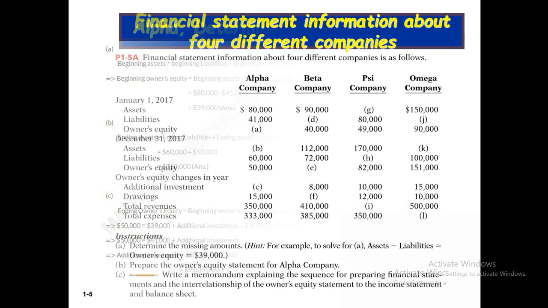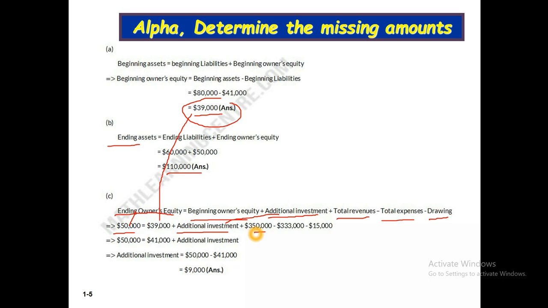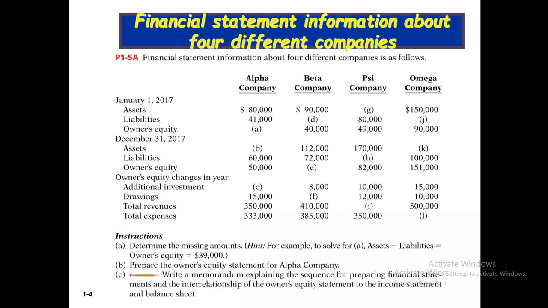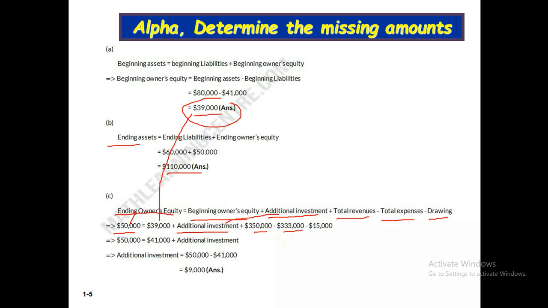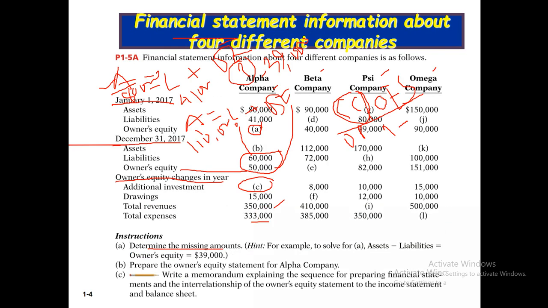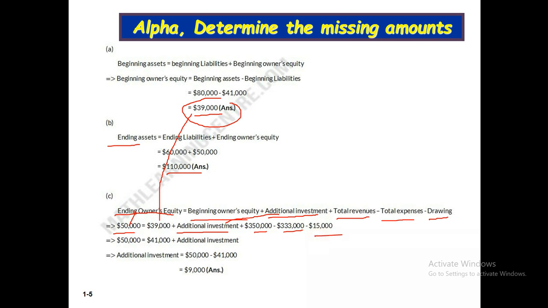Total revenue is 3,50,000, and total expenses are 3,33,000. Now drawing is 15,000. After computation we can easily get 9,000 as our additional investment. I think everybody is clear.